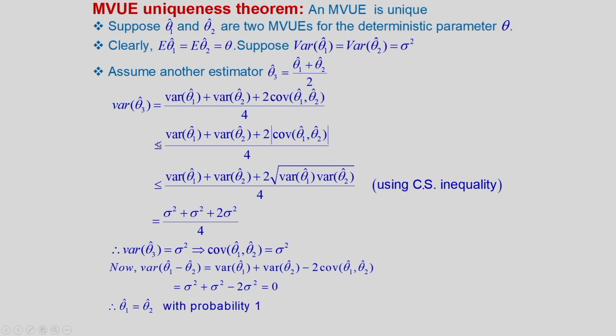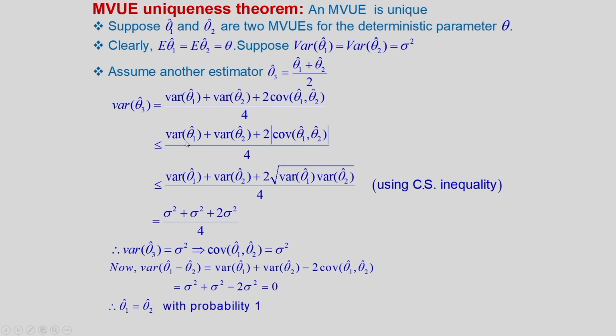Now, this expression is less than or equal to variance of theta 1 hat plus variance of theta 2 hat plus 2 times mod of covariance of theta 1 hat, theta 2 hat, divided by 4, because any number is less than or equal to its mod value.